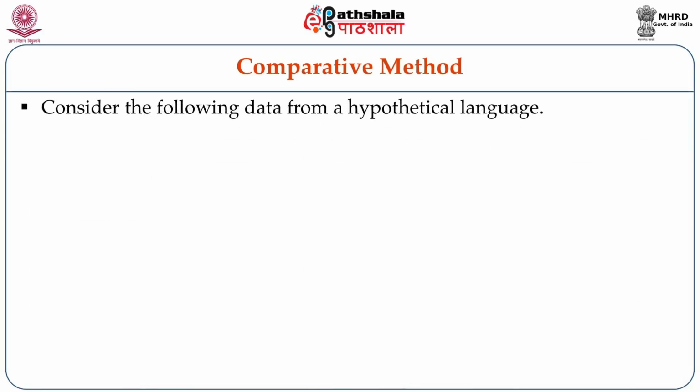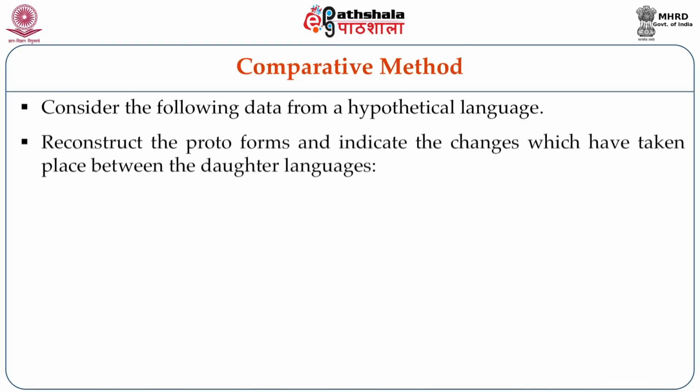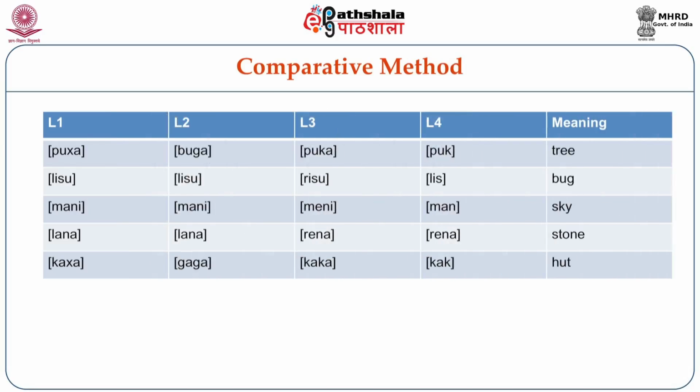Consider the following data for a hypothetical language. Reconstruct the protoforms and indicate the changes which have taken place between the daughter languages. So here data has been provided from a hypothetical language more from a practice point of view, so that it is a controlled one.